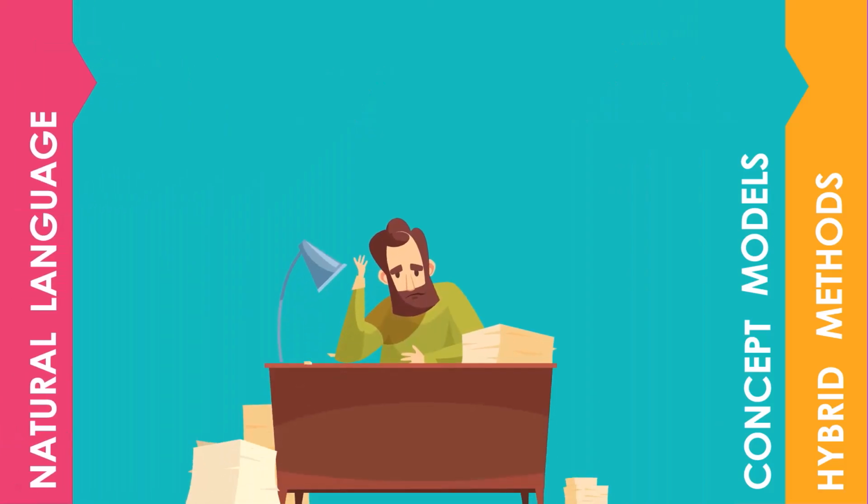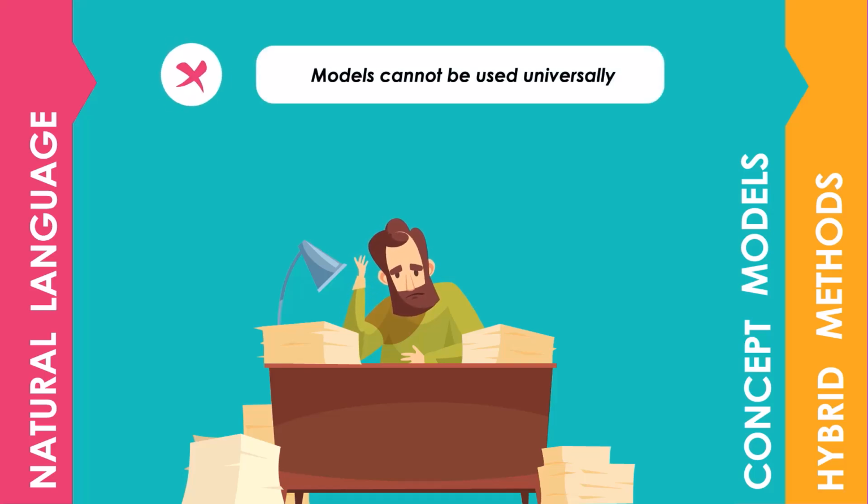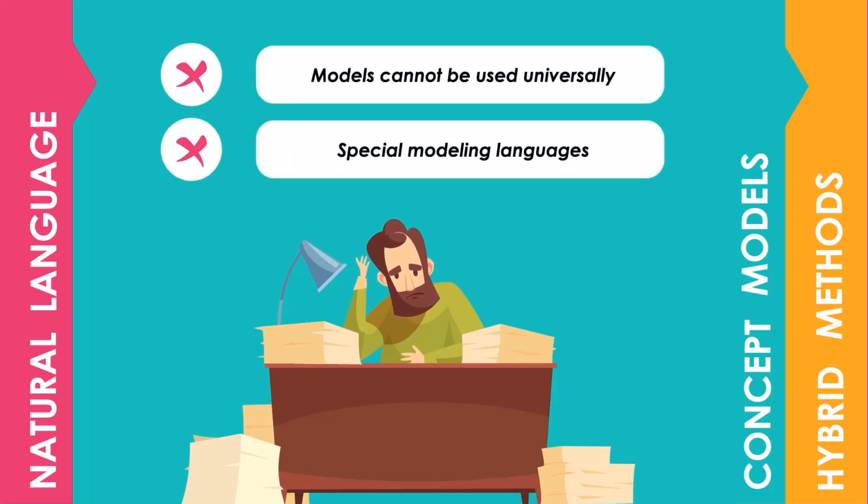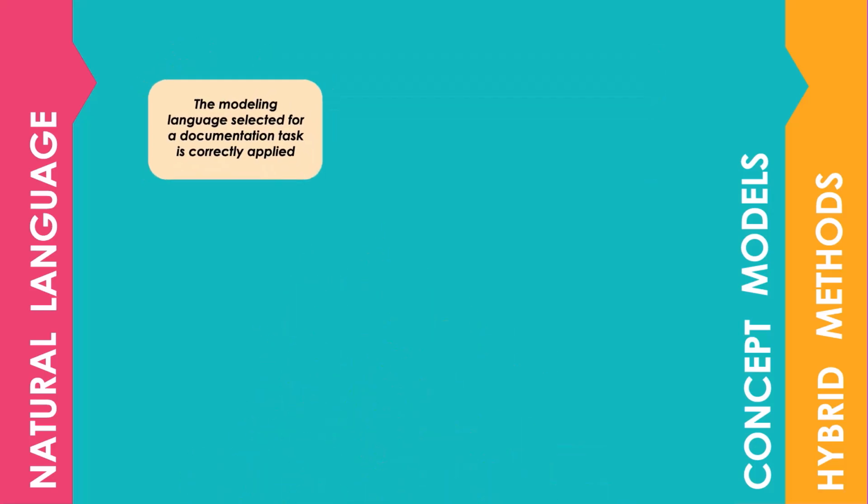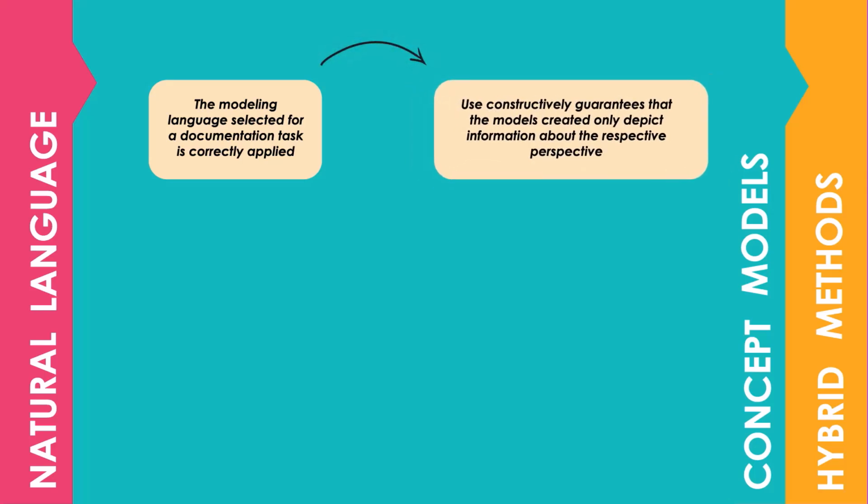In contrast to natural language, the different types of conceptual models cannot be used universally. Special modeling languages that pertain to the appropriate perspective must be used when documenting requirements by means of models. Assuming the modeling language selected for a documentation task is correctly applied, its use constructively guarantees that the models created only depict information about the respective perspective.